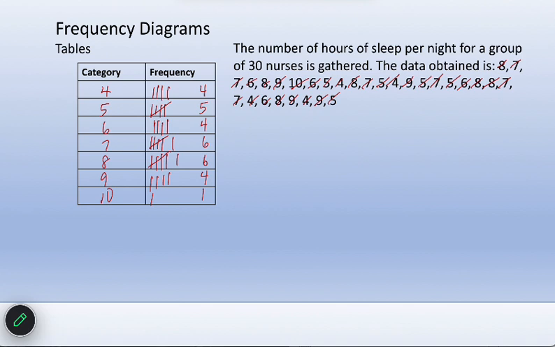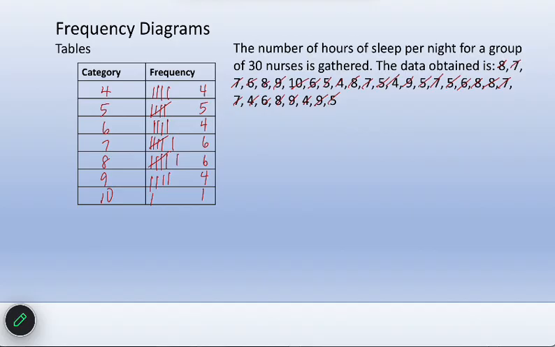If you add 4 plus 5 plus 4 plus 6 plus 6 plus 4 plus 1, you should get 30. Did I do that right? Let's do it again. 4 plus 5 is 9, 13, 19, 25, 29, 30.